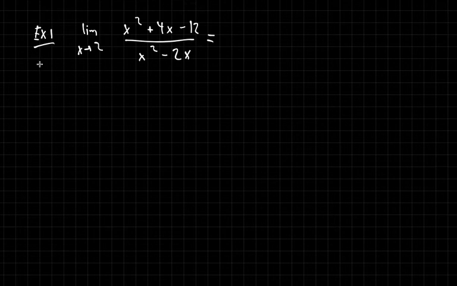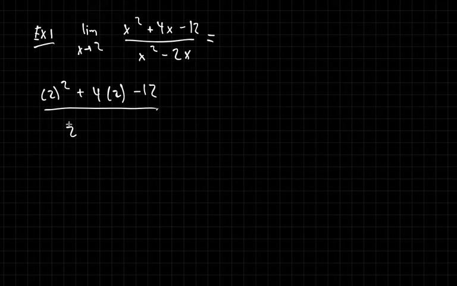Let's say I want to try direct substitution. Assuming I don't know any other method, and I know that direct substitution is very often the right choice, let's just try it first. I'm just going to plug in 2 into this function, and I get 2 squared plus 4 times 2 minus 12 over 2 squared minus 2 times 2.